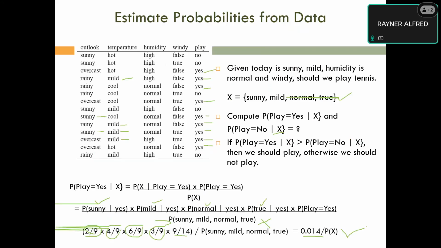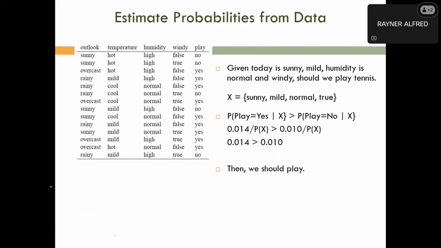That means our answer for the class will be that we will play, because given x, the probability of playing is higher. So this is our conclusion. Since given x, the probability of play yes is higher compared to the probability of play no given x, we should play.